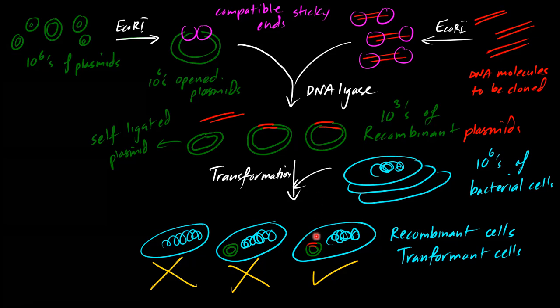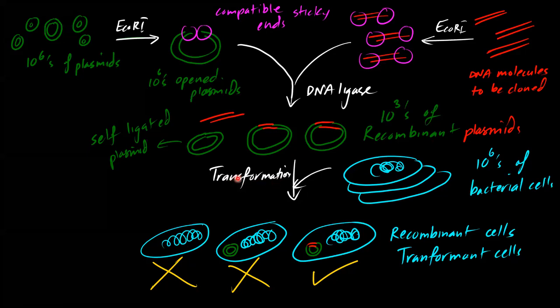Now, some bacteria might take the recombinant plasmid containing our DNA fragments that we want to clone. Some bacterial cells might take the self-ligated plasmid, and actually, a lot of bacteria will not take any of these plasmids. This process is called transformation.